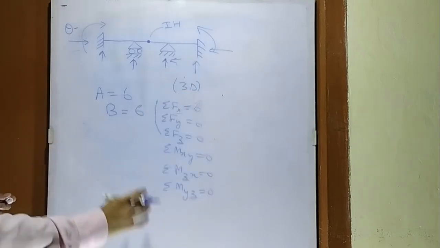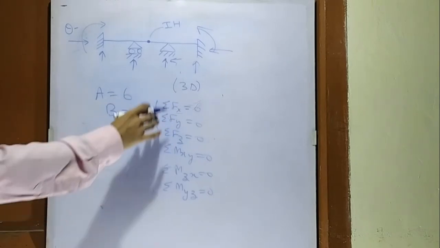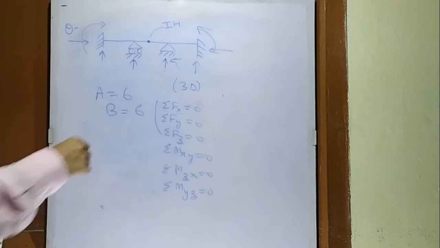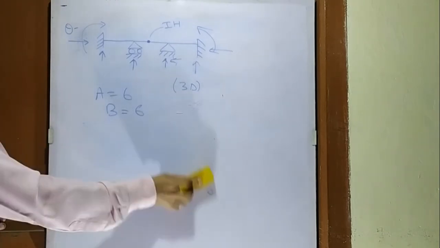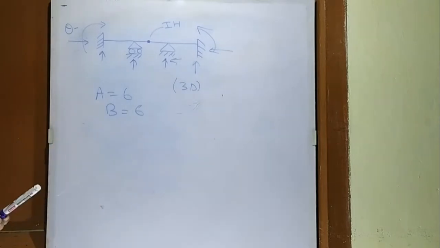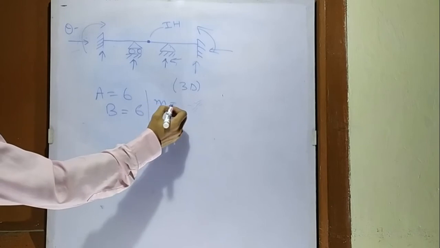This is why the value of B will be 6, because 6 equations of equilibrium will be available at each joint. Now we have understood the value of A and the value of B for a 3D case.